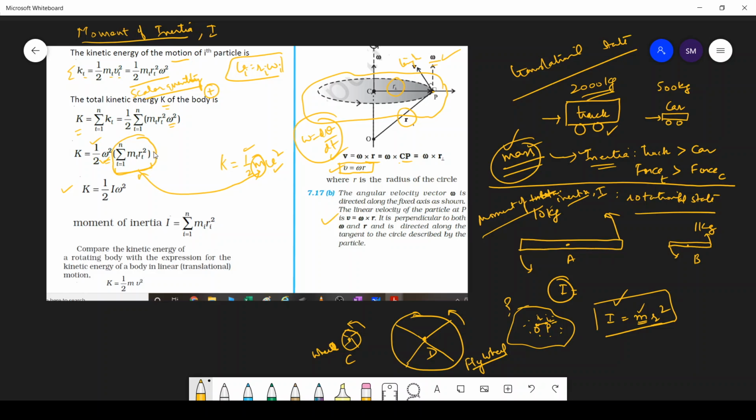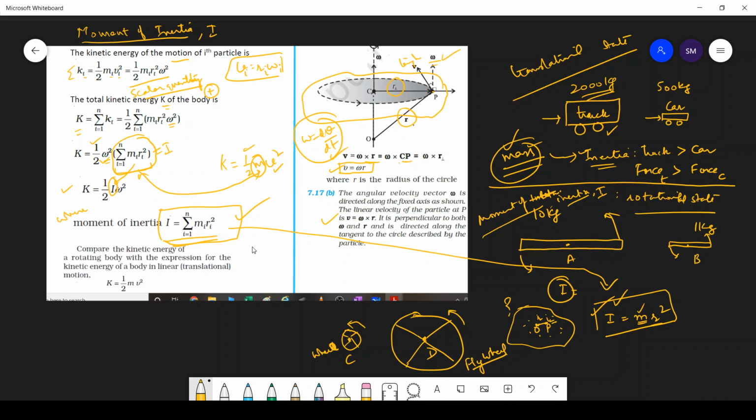So this I am taking as the moment of inertia. Therefore I can write it, where moment of inertia I is equal to this. So I replace this with I. So that's your moment of inertia. And that is why I have written over here from this point only, that for a particular particle, moment of inertia is equal to mr square. So I got it from here.